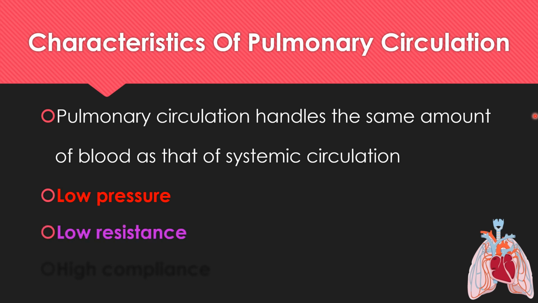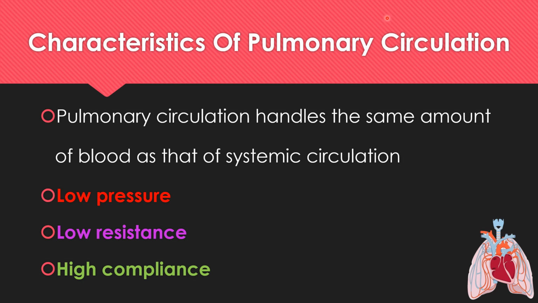Pulmonary vessels have less smooth muscle, and they are shorter and wider vessels with less resistance than the systemic circulation. Resistance is only one tenth of the systemic circulation. So resistance is also lower. And then finally, high compliance. That is because of the thin wall.